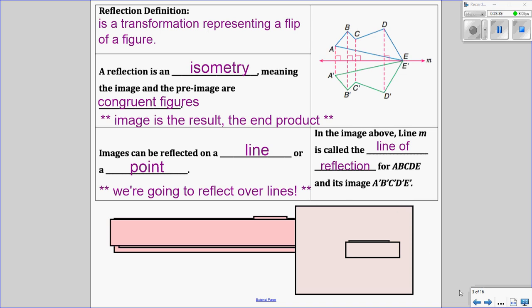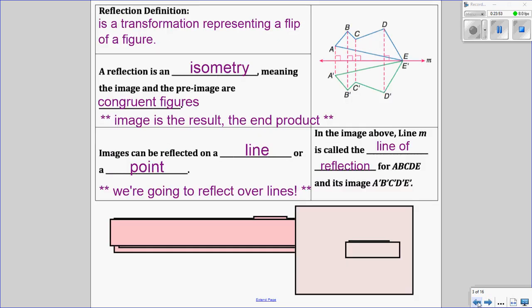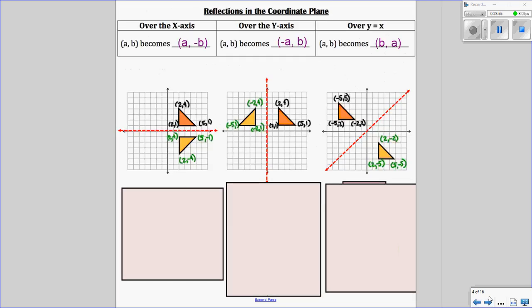And when you have that image, make sure to put a prime, because you want to distinguish the labels for the original pre-image from the image. I think I didn't mention that. The pre-image is your original and your image is the new.